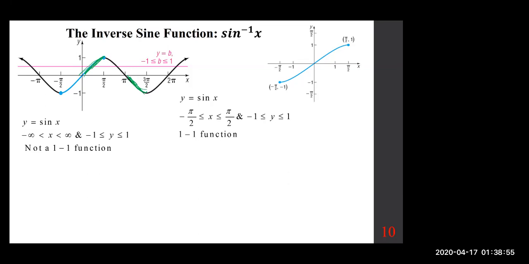And mathematicians decided that's a good idea. They wanted to be a continuous function, so they didn't pick this part. Are you with me? Instead, they picked from negative pi over 2 to pi over 2, and that becomes a one-to-one function, and it's a continuous function. Now, how do you graph its inverse? Let's look at just a few easy pairs.